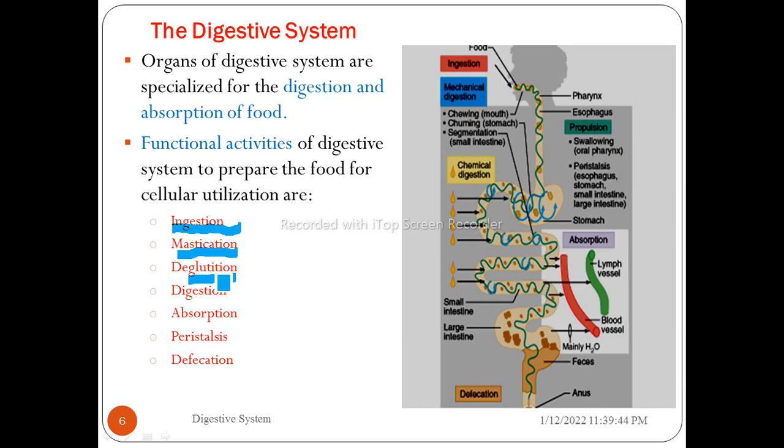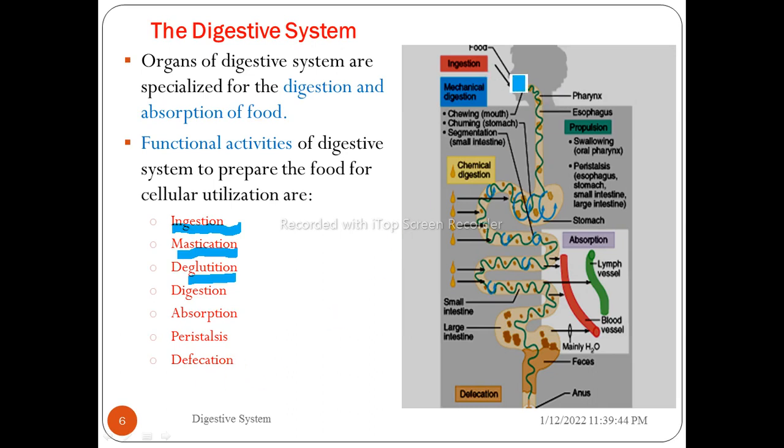Deglutition means swallowing. Digestion means the process of food breakdown. Absorption means the process of taking nutrients from the GI tract into the blood. Peristalsis is the movement of food through the GI system, and finally defecation means removal of the waste material.